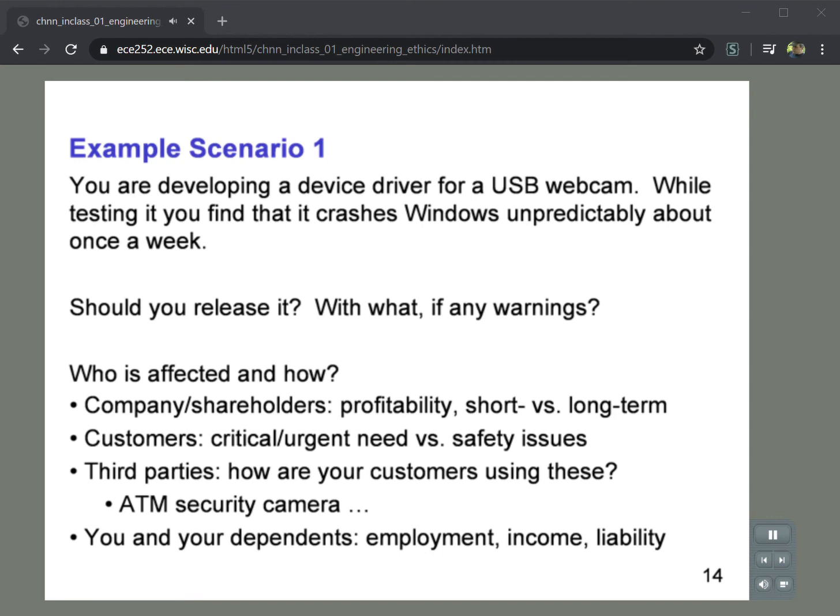So you can imagine that a fairly simple scenario here that seems pretty straightforward, actually from an ethical perspective, can get pretty complicated, even just from the perspective of trying to identify who are the individuals or the entities that are affected, how are they affected, what again are the ethical principles that we're going to be running into here, that we have to trade off against each other and figure out what is the right thing to do.